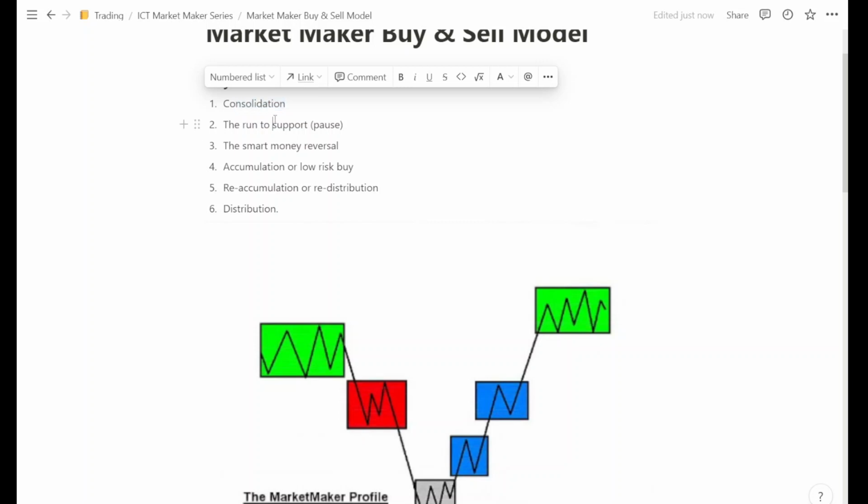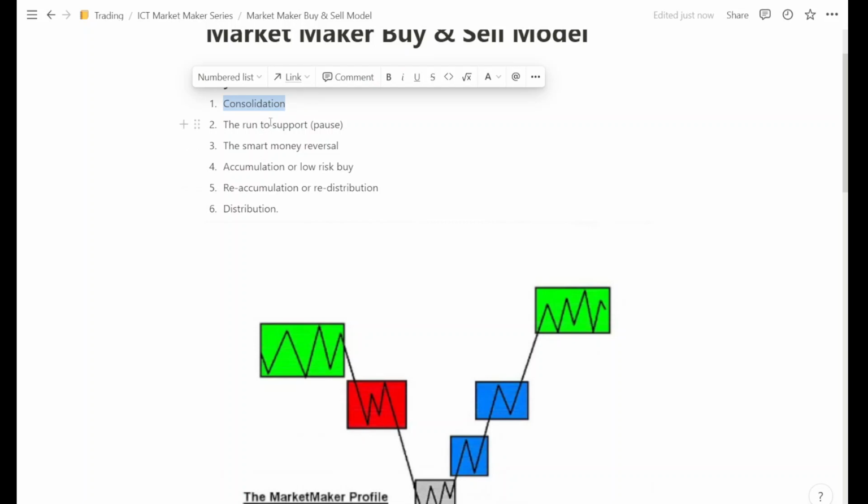You need to understand that the model begins with the initial consolidation, and that initial consolidation usually happens just before an important price level. It could be a fair value gap, it could be an order block, it could be an optimal trade entry. Usually price will front run that level.